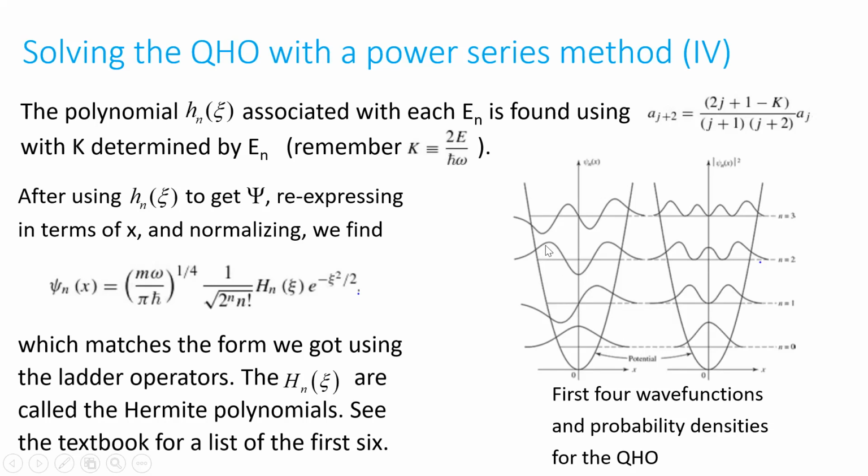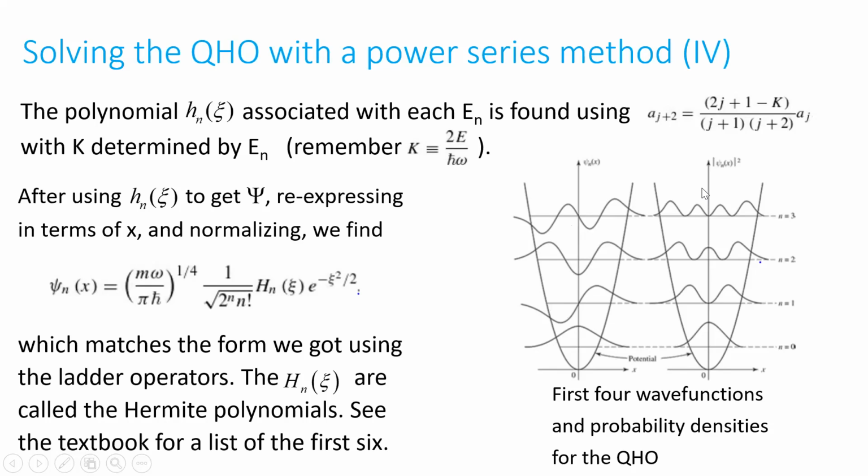For n equals 2, we get two humps. For n equals 3, we get 3 humps, and again it goes through 0. Notice that for n equals 0 and n equals 2, these are even. For n equals 1 and n equals 3, they're odd.